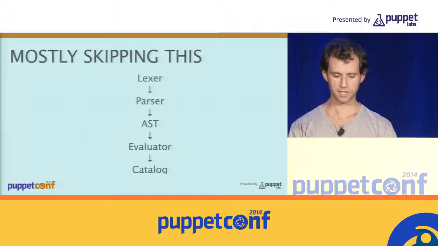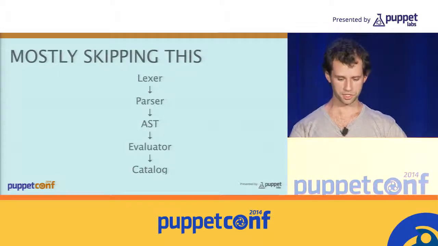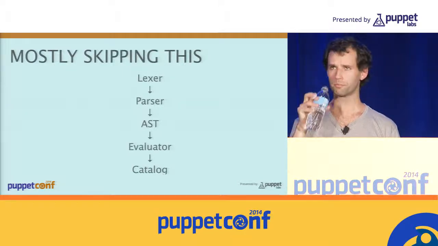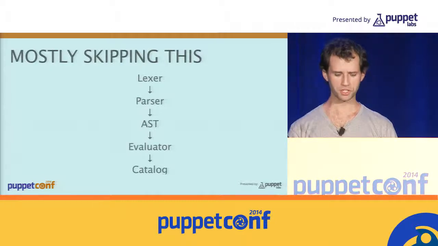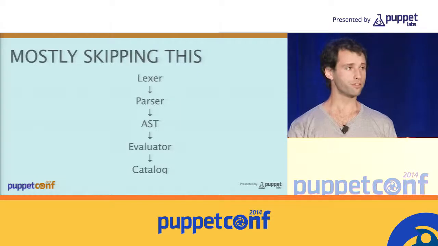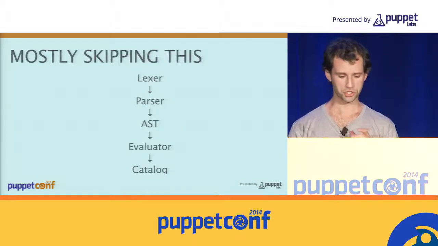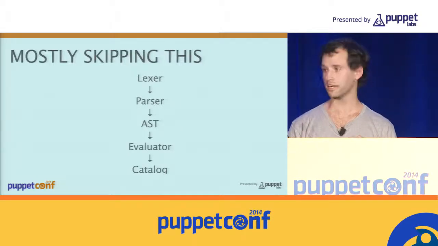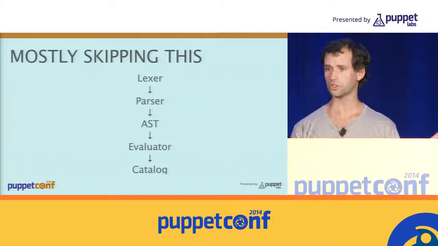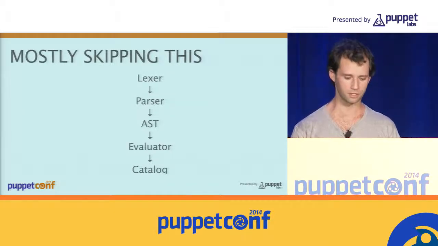Then there's a parser that takes those tokens that the lexer generates and turns them into an abstract syntax tree, an AST, which is a branching tree-like representation of everything that you are trying to say with the Puppet code. That goes to an evaluator, which walks that tree structure and figures out when it needs to add resources or edges to the catalog. And eventually you get that catalog, which can be sent to the configurer and can then be turned into a RAL catalog and sent to the transaction.